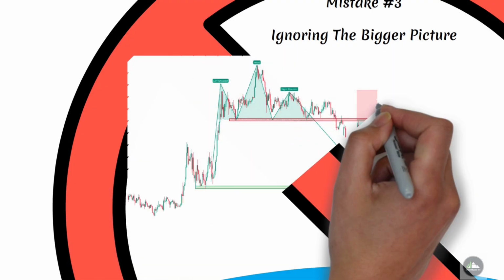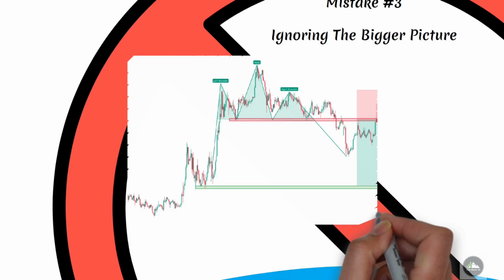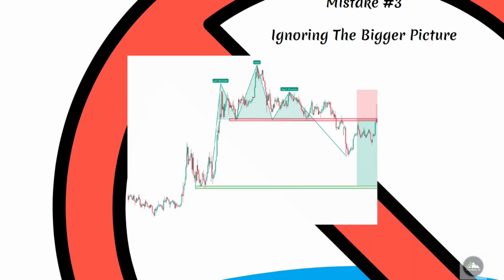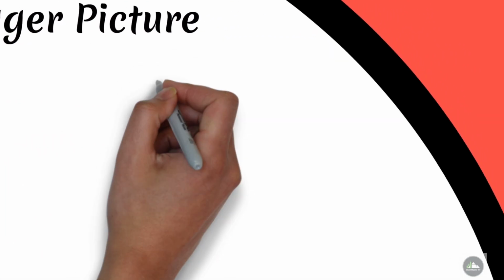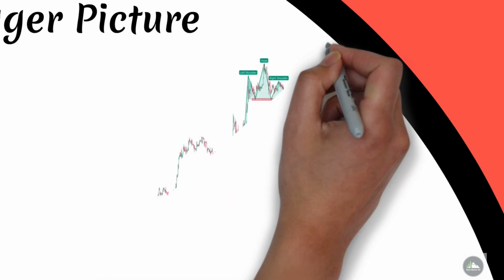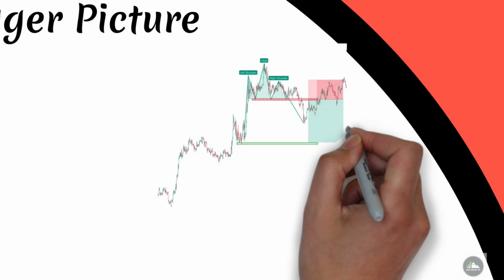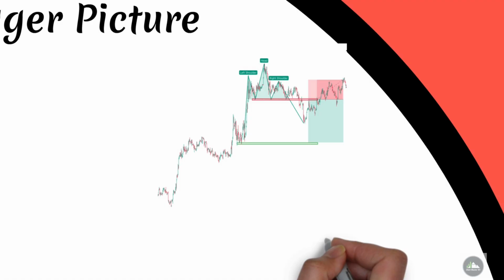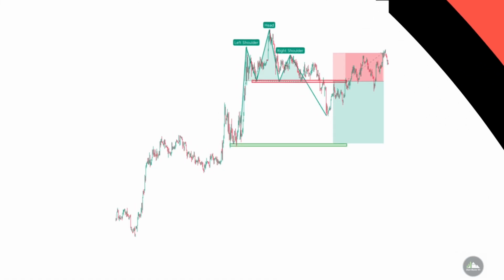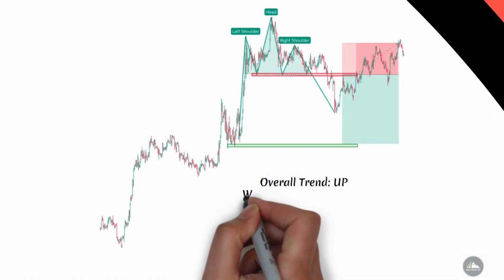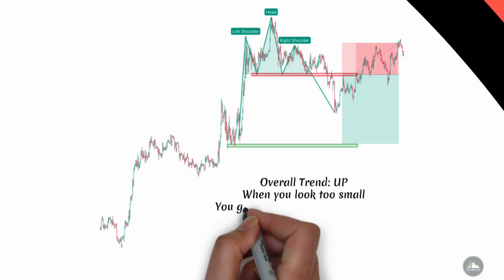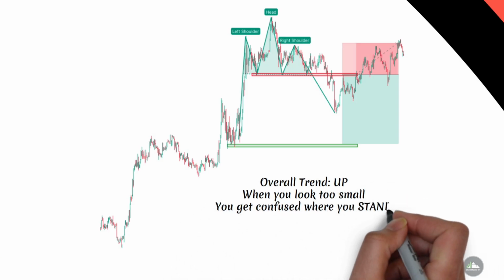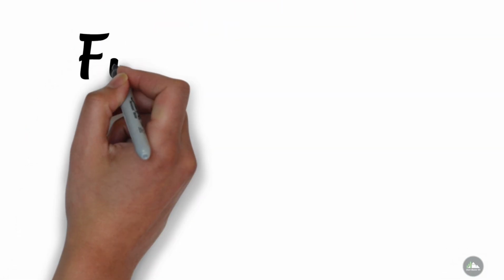This is an uptrend and you see a head and shoulders pattern and you take a sell, and then the next thing you know, you forgot to zoom out and you see the market is in an overall, very strong uptrend, and you missed looking at the bigger picture. You look too small, you get confused on where you stand.